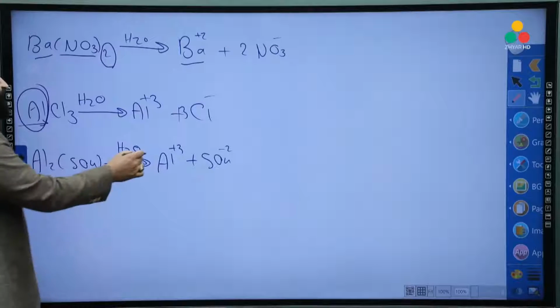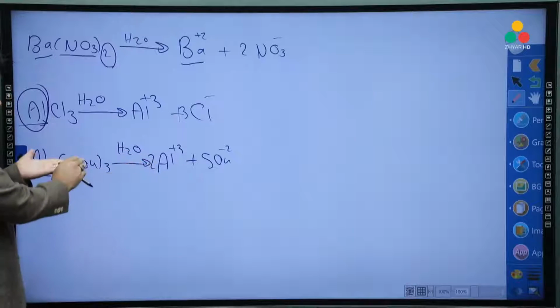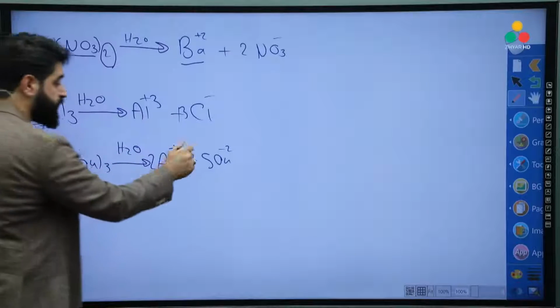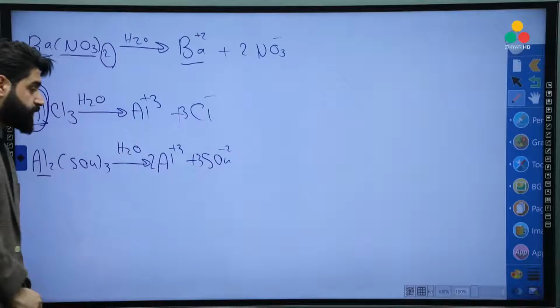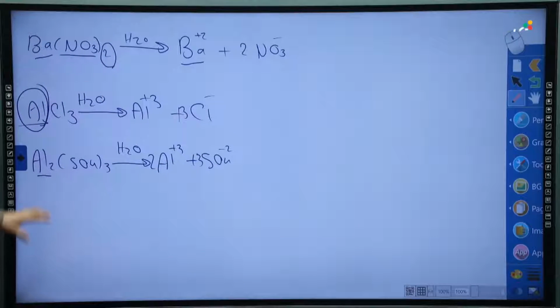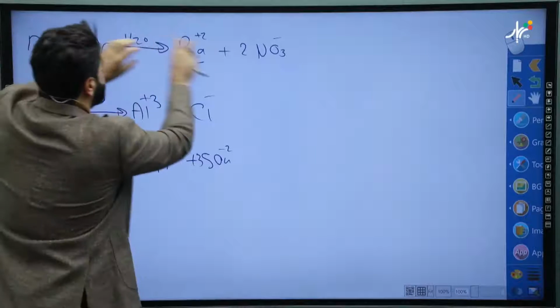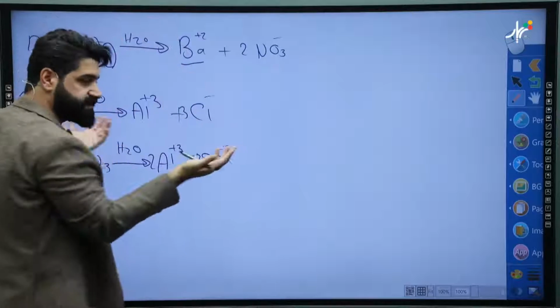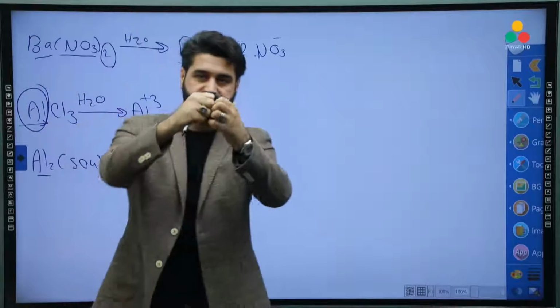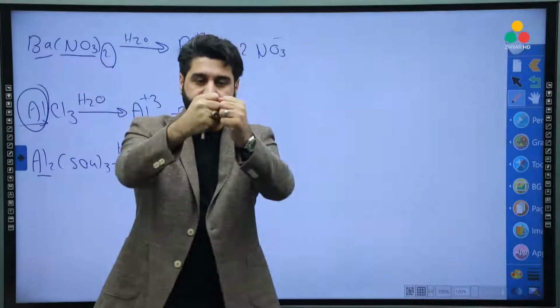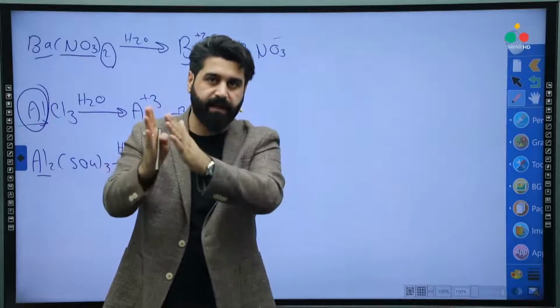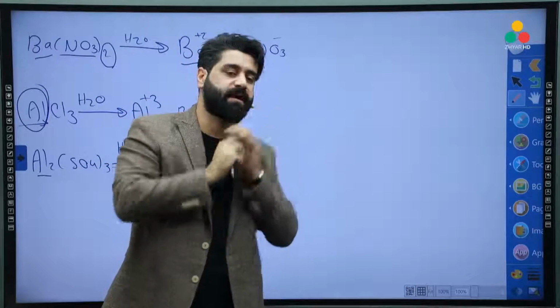Here is 1, so it must be multiplied by 2. SO4 is 3. Here is 1, so multiply by 3. So by this way, you can write the dissociation reaction. First of all, separate ions, break down your compounds, then balance each atom by each atom.